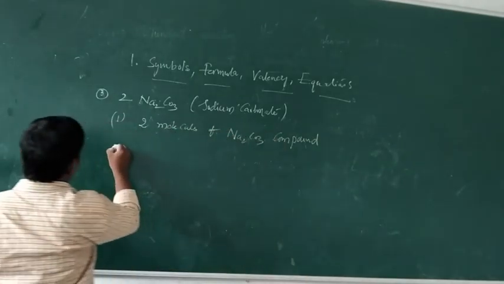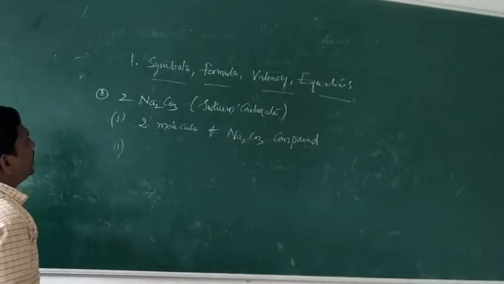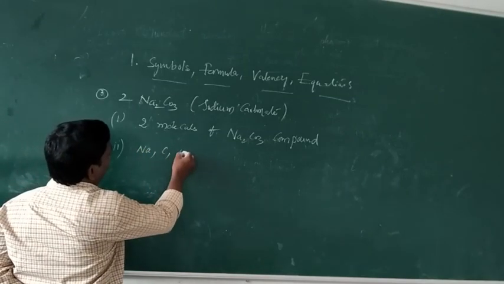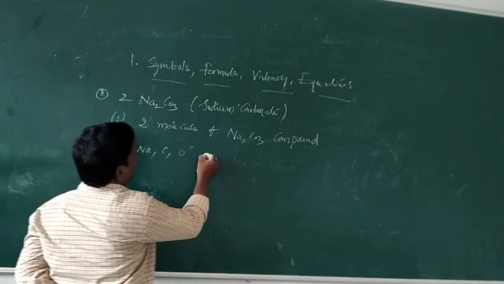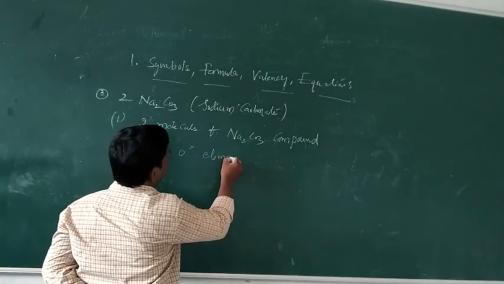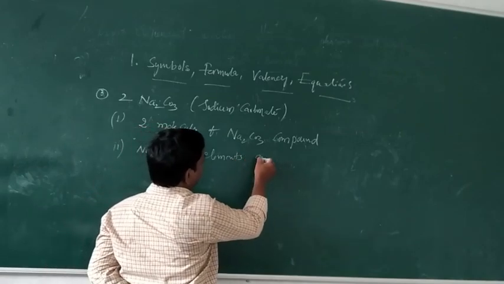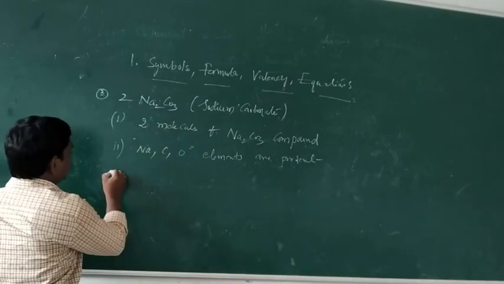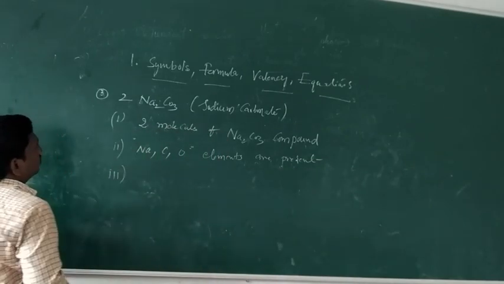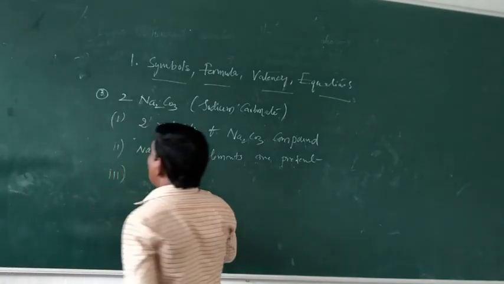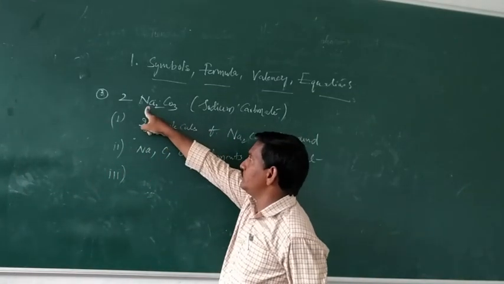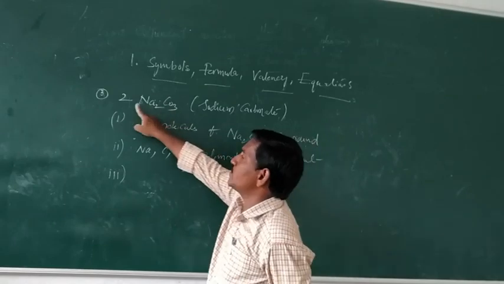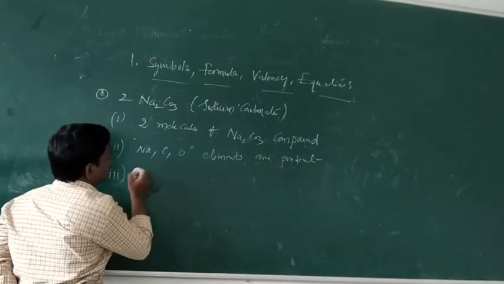and which elements are there? Sodium, carbon, oxygen elements are present. Now check the atoms of sodium, carbon and oxygen. How many sodium atoms are there?